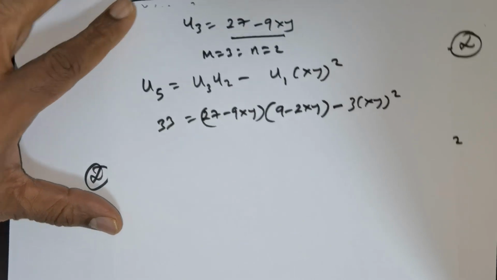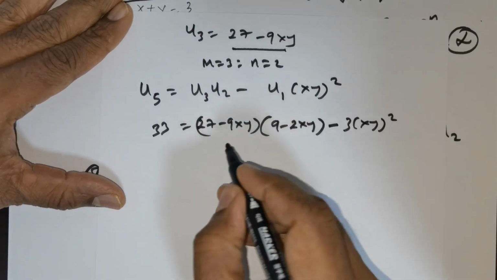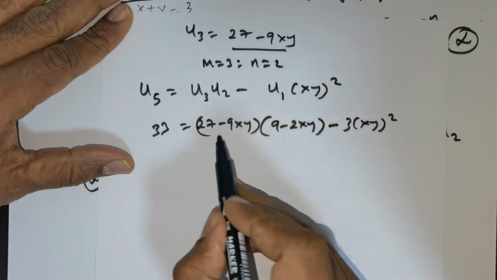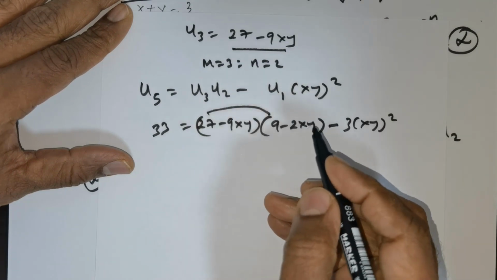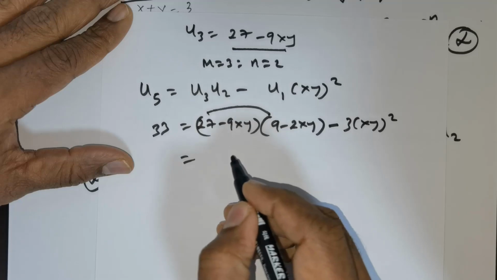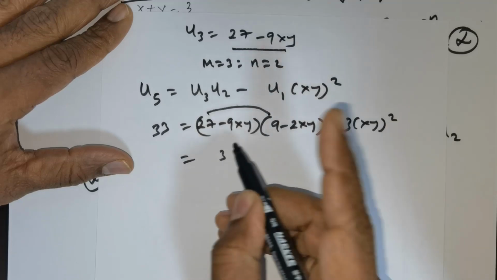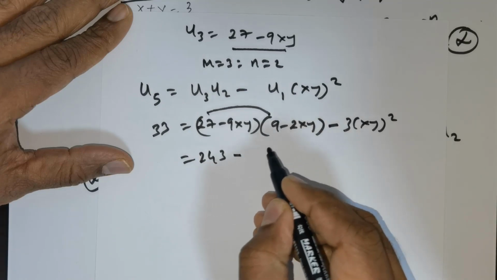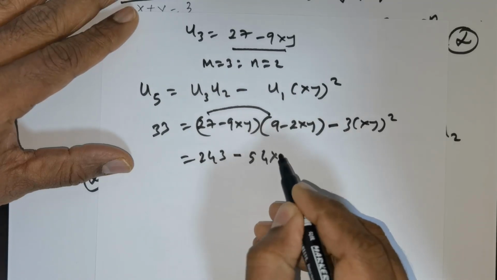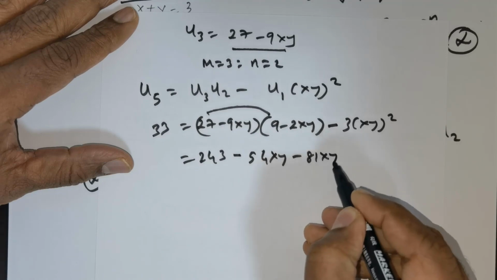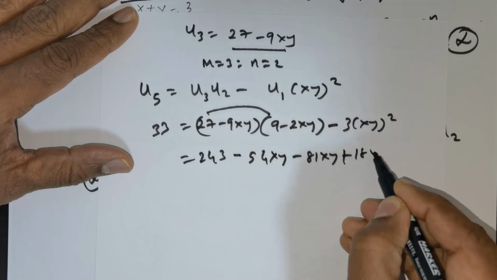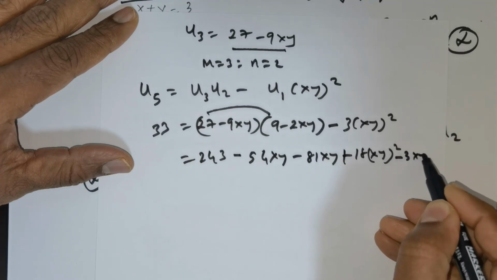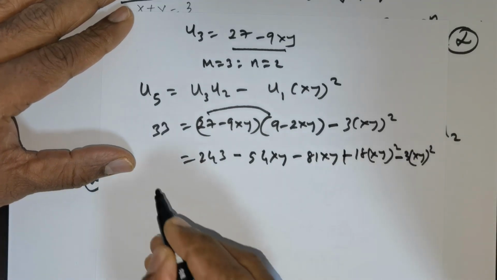So place that 33 there, and then you perform the distribution. 27 into 9: 9 7s are 63, 6, 18, 2, 4, 3 — 27 into 2 is 54, so 81 xy, positive 18 xy whole squared, negative 3 times xy whole squared.